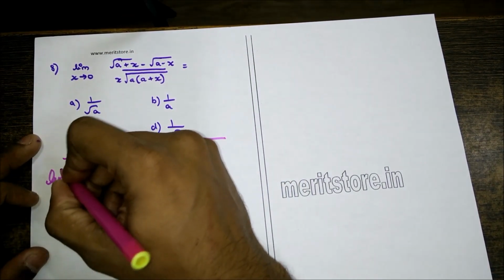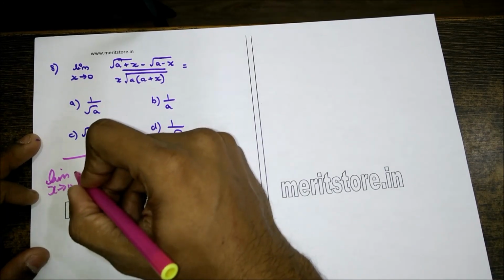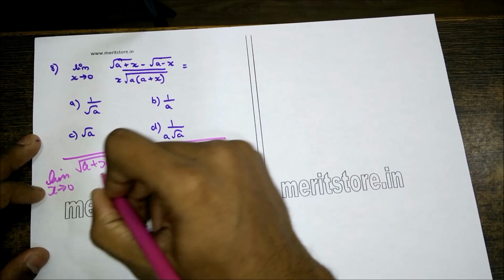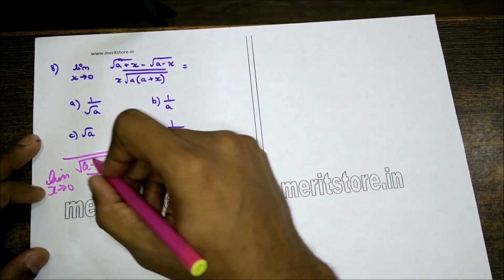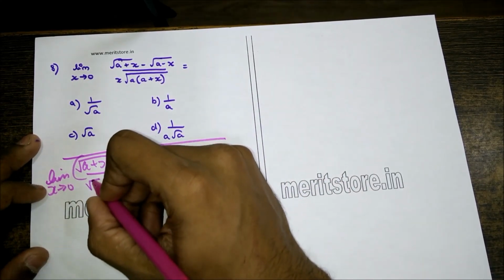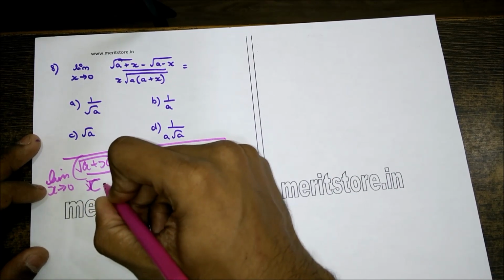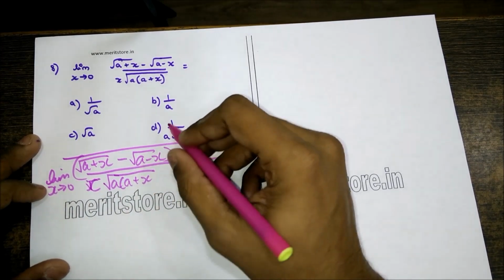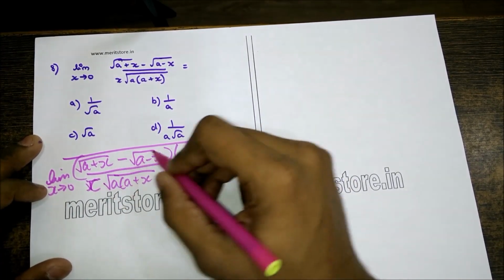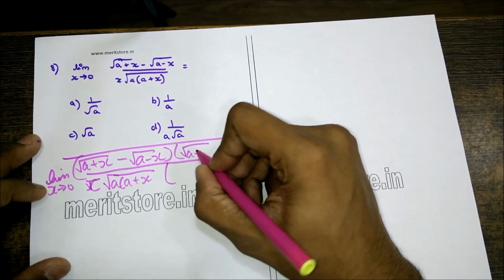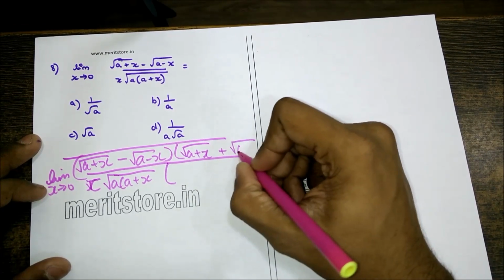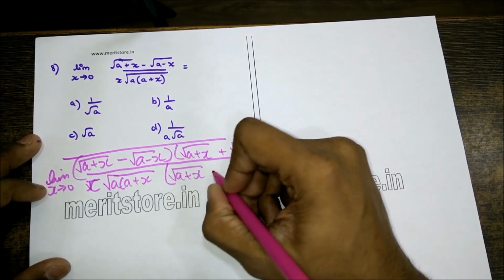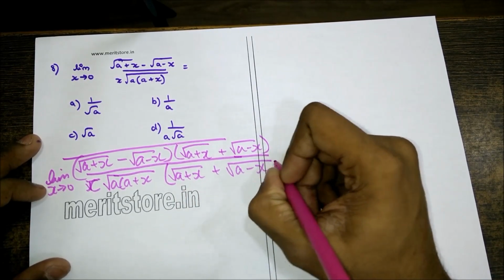So we have limit of x tends to 0 of (root of a plus x minus root of a minus x) upon x root of a into (a plus x) from the denominator, into now the conjugate, root of a plus x plus root of a minus x, and root of a plus x plus root of a minus x.